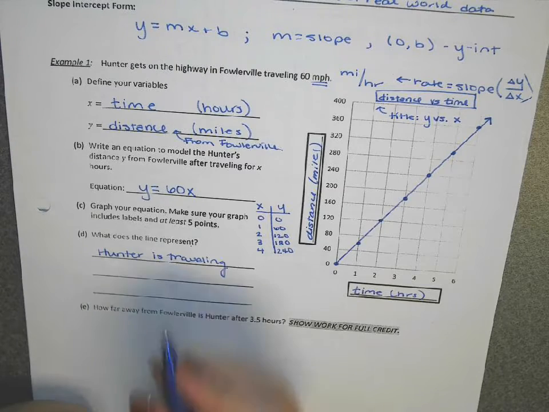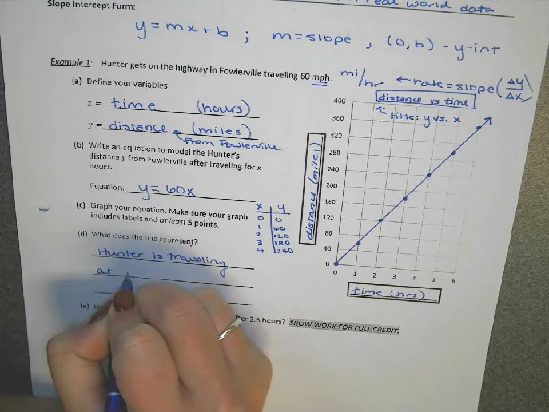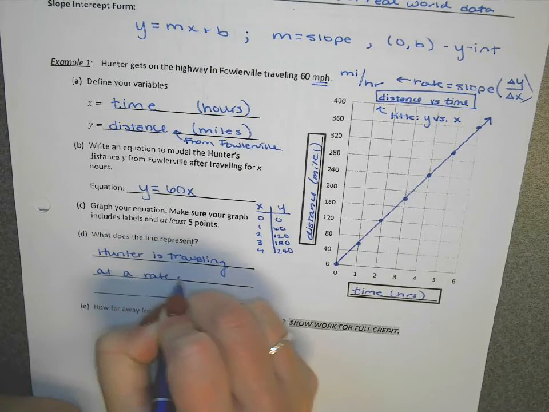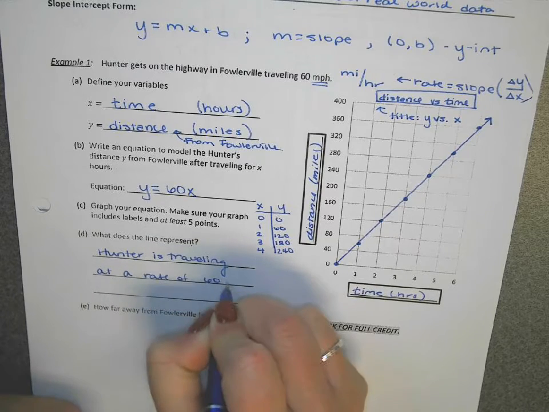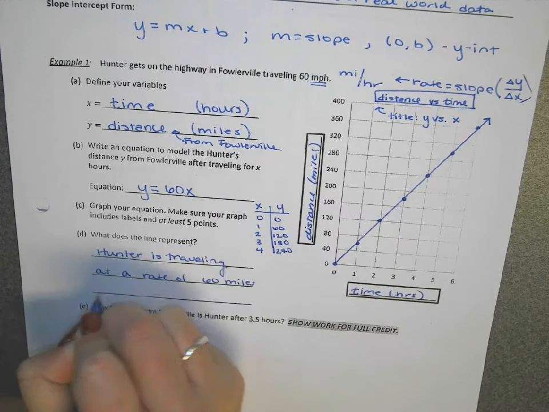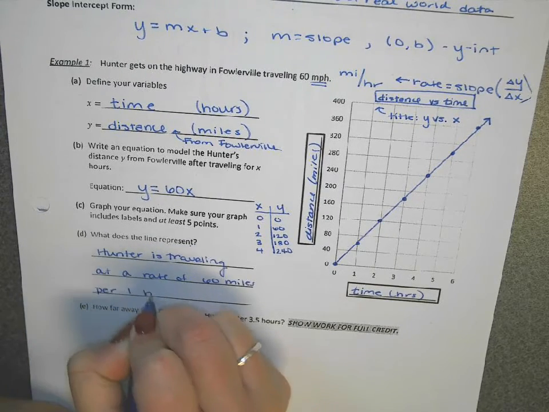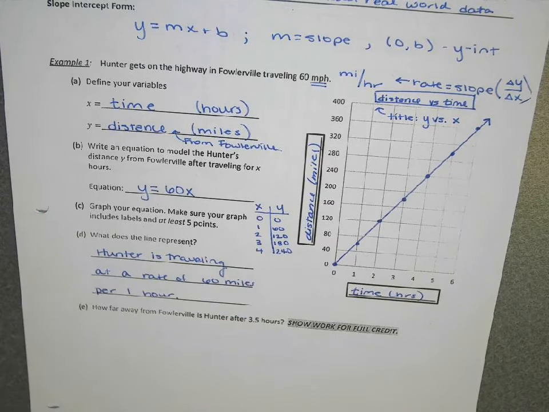Hunter is traveling at a rate of 60 miles per 1 hour. And that's what that line is representing. For every 60 miles, it will be 1 hour that will pass.